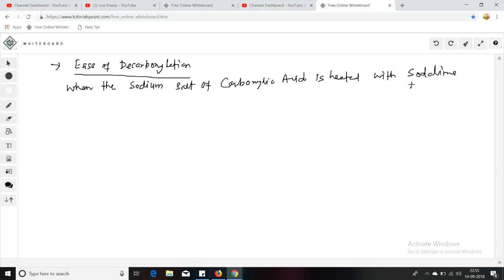Soda lime means NaOH and CaO in a 3:1 ratio, NaOH and CaO.